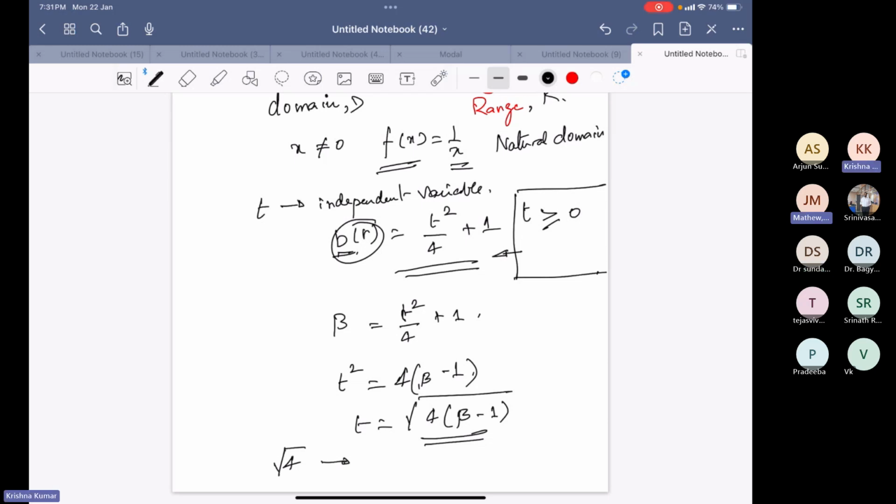Is it only 2? Plus or minus 2. So in other words, suppose square root is a function. It takes a value of 4 and gives you plus or minus 2. So it's not a unique value. So this function is not one to one.